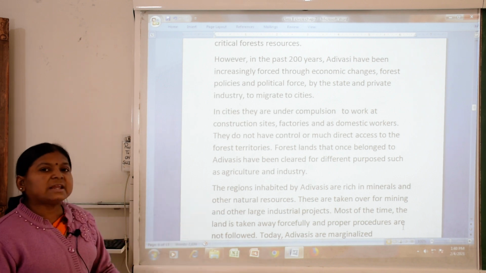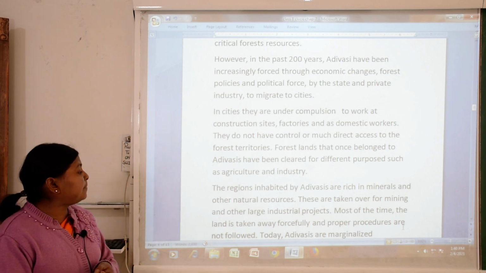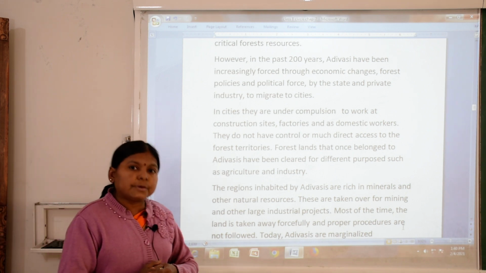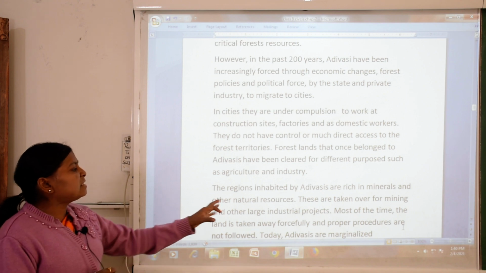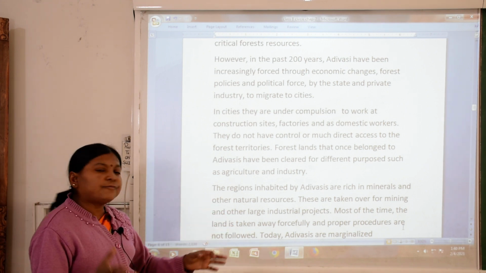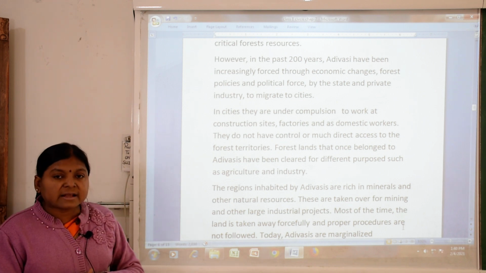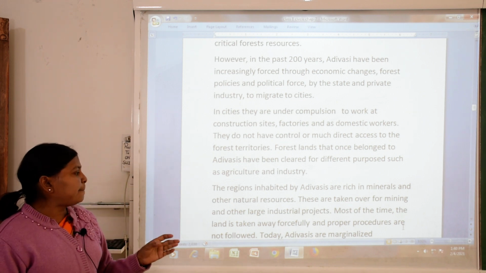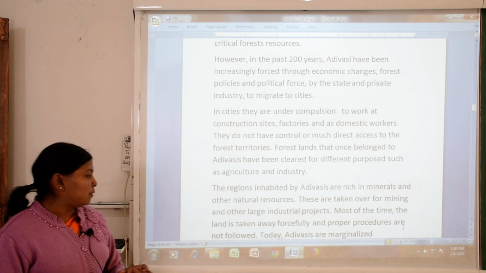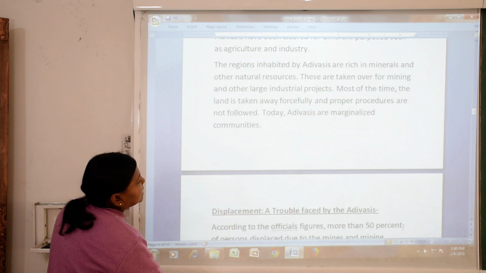The regions inhabited by these peoples are rich in minerals and other natural resources. These are taken over for mining and industrial projects, and most of the time the land is taken away forcefully and proper procedures are not followed. So today they are marginalized communities.